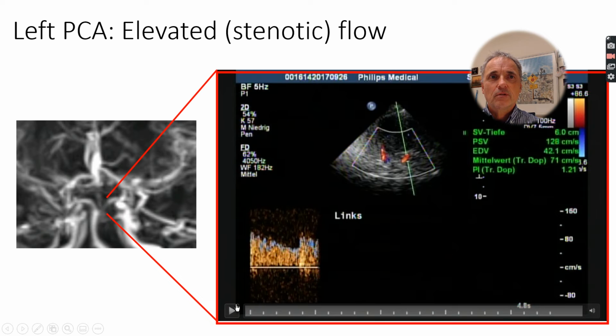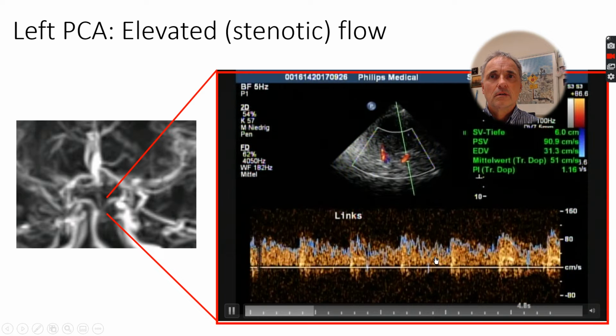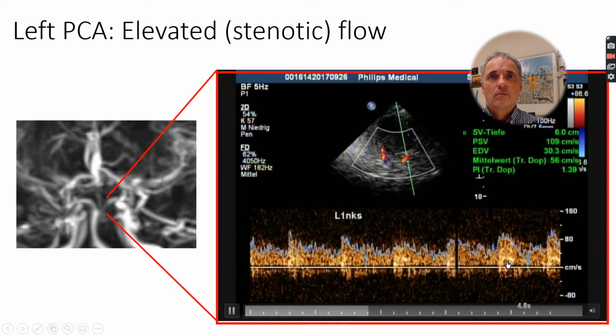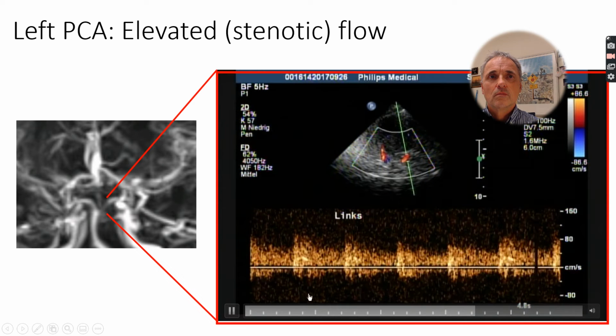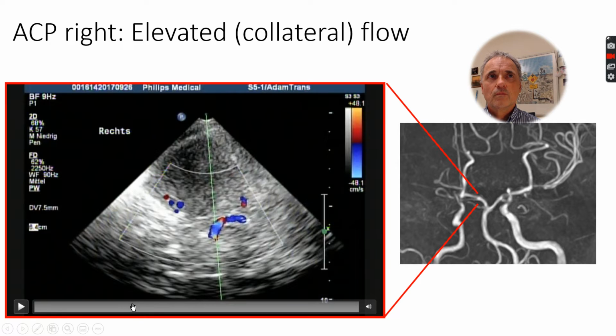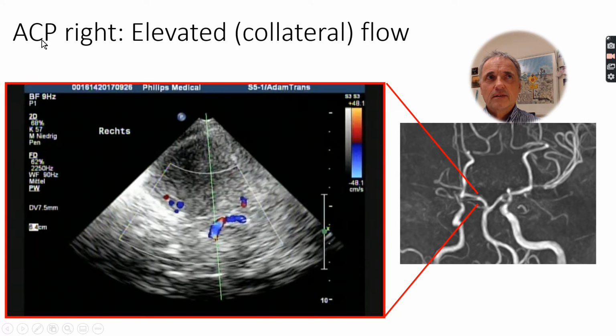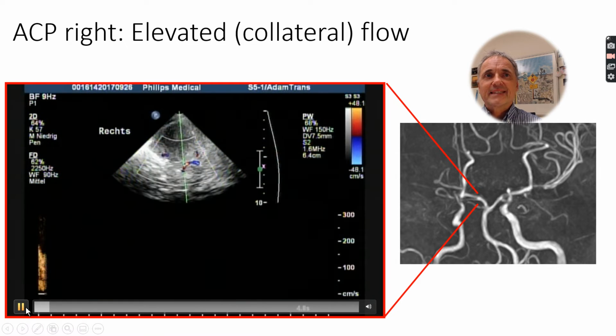We also find the stenotic flow in the posterior cerebral artery. On the other side, the right posterior cerebral artery, we have elevated flow along the entire vessel, not limited to a circumscribed area. So this is a hyperperfusion effect and not an effect of a circumscribed stenosis.